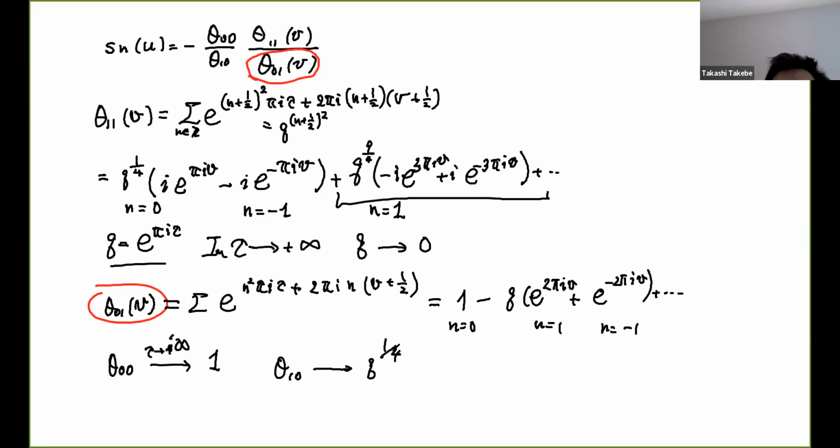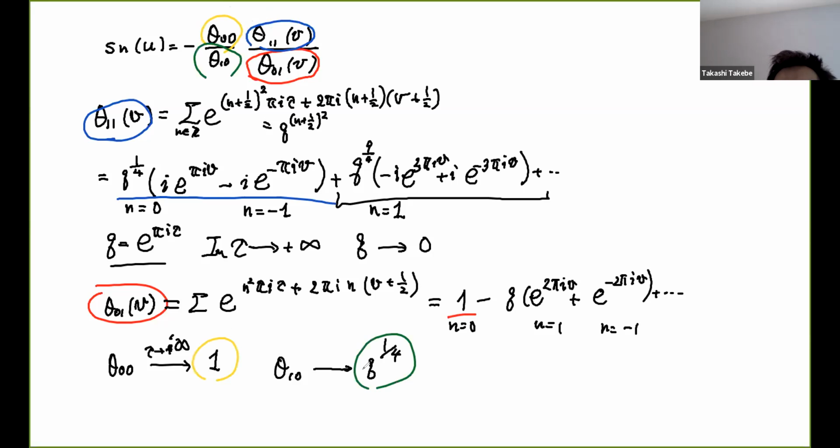1 over 4. So, yeah. The leading term of this part is this. The leading part of this is this one, and the leading term of this is this one.